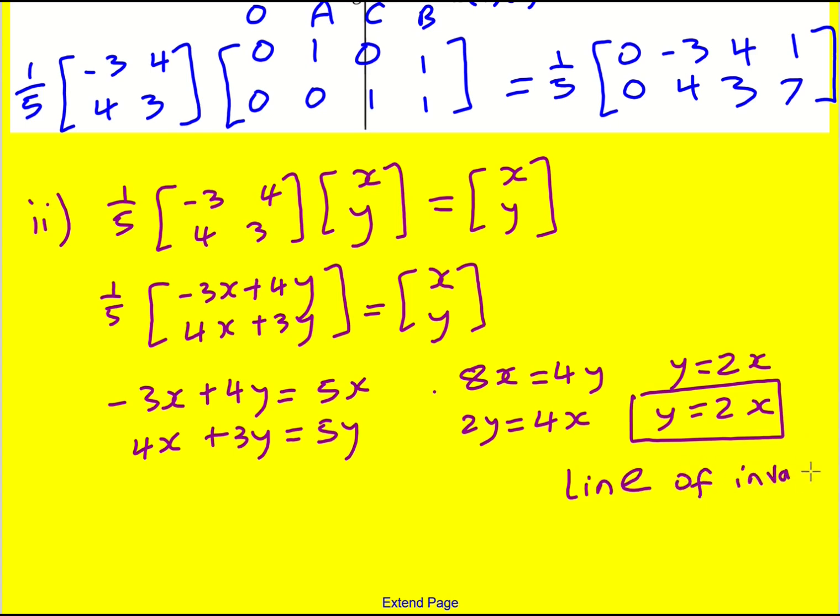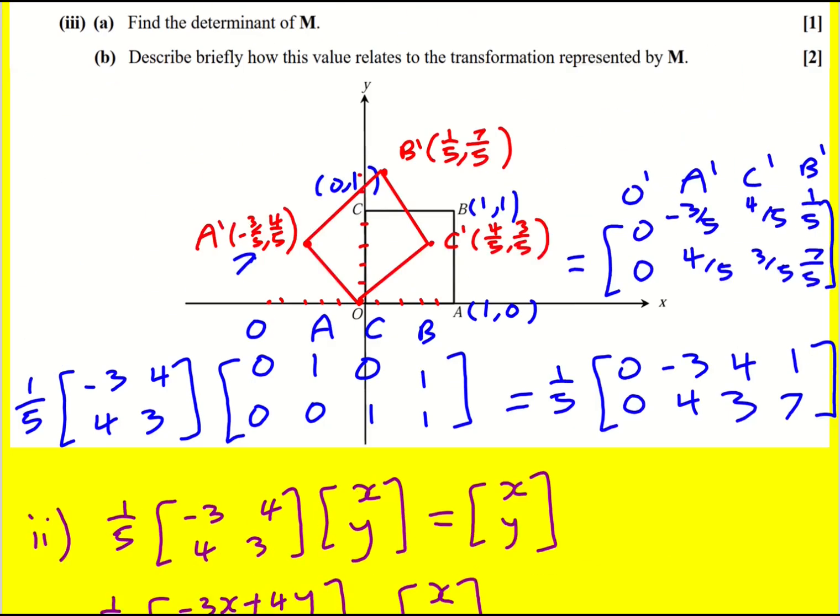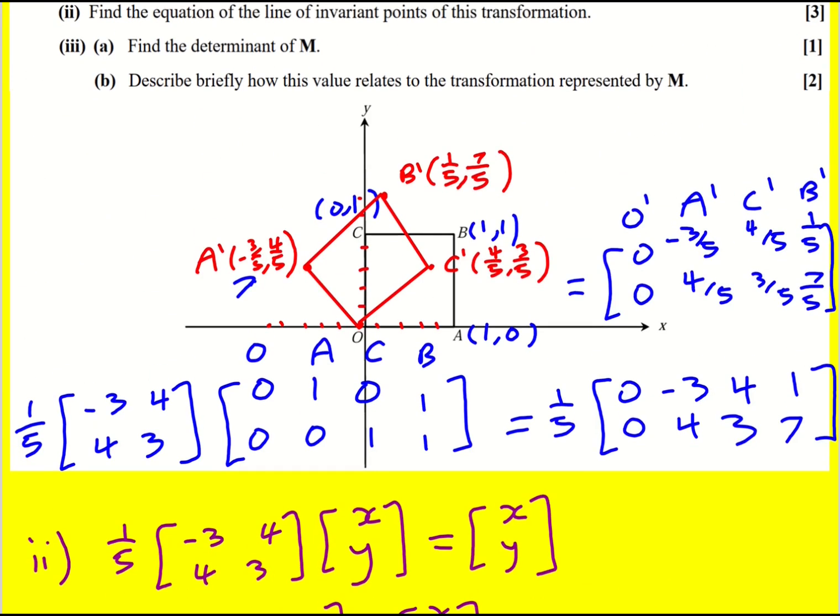Sometimes you can just get a single coordinate, but we actually have this infinite line, y equals 2x. We don't have to draw it on, but it would be anything along this line here. It's not obvious to see even by talking about a reflection and then a rotation, but we've shown it algebraically.